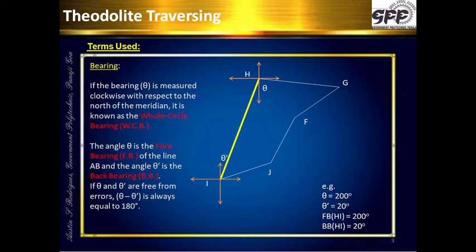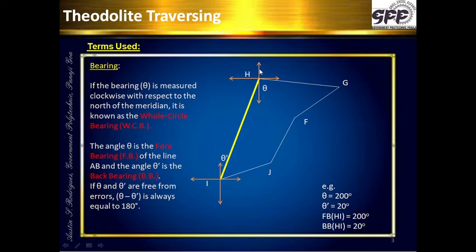Now, when we talk of bearing, there is a very important term which we need to understand, and that is the whole circle bearing. When we look at this sketch, there is a traverse over here which is FGHIJ closing back on F. It's an anti-clockwise traverse. Now look at the line HI over here that shows the north-south direction and the east-west direction.